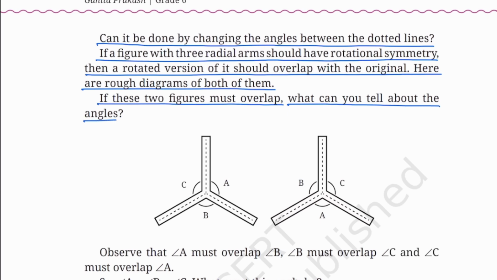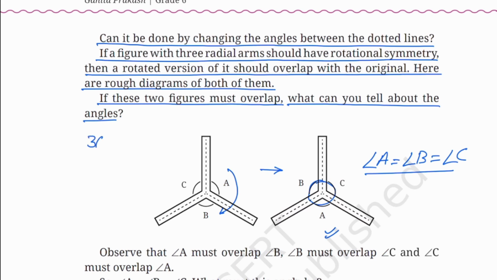You can see when rotated clockwise, A replaces B, B replaces C, C replaces A. Since angle A becomes angle B, angle B becomes angle C, and angle C becomes angle A, you can say that angle A, angle B, angle C are equal.